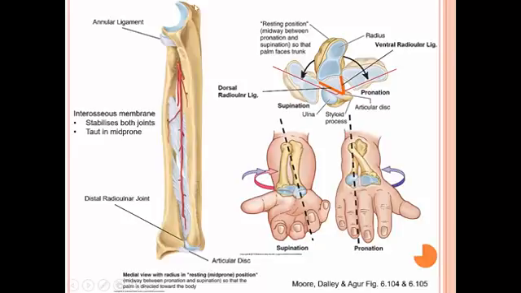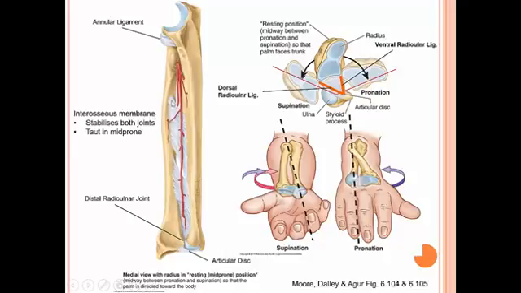Just looking at this figure here from Moran Daly, on the left here, we have again our ulna and our radius, and in addition to the annular ligament and our dorsal and palmar radioulnar ligaments along our articular disc, we also have connective tissue between the radius and ulna, and this is what we call the interosseous membrane.